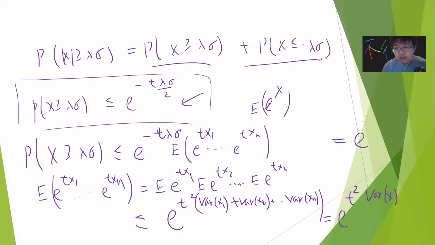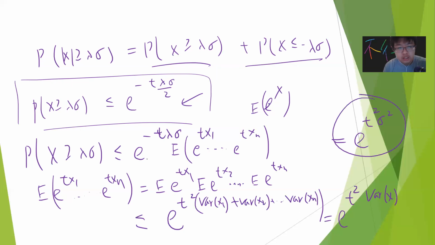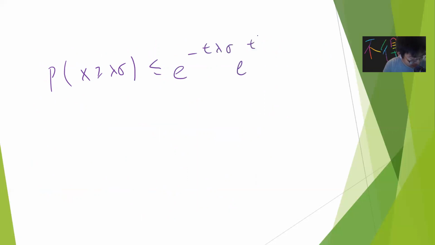So this is exactly exponential t squared sigma squared. Combining these, I get the probability of X greater than or equal to lambda sigma is less than or equal to exponential minus t lambda sigma times exponential t squared sigma squared. This is the final result.